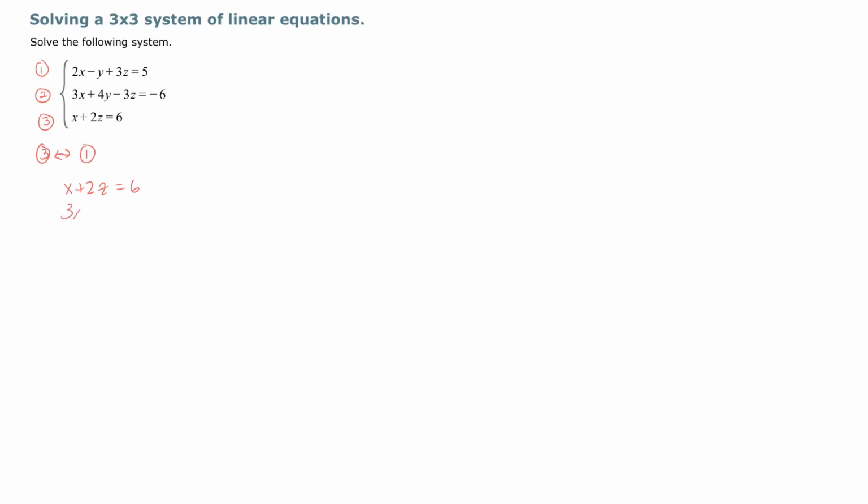And then equation 2 is still equation 2. And then now equation 3 is simply 2x minus y plus 3z is equal to 5. Now you're probably wondering, why did I do that? Let me rewrite the first equation really quick.